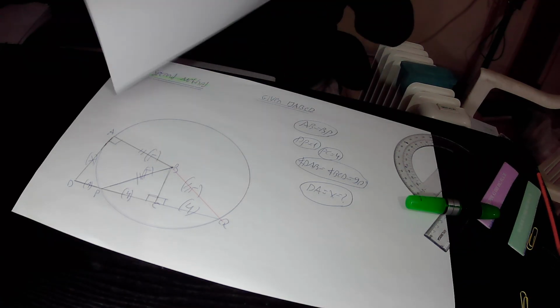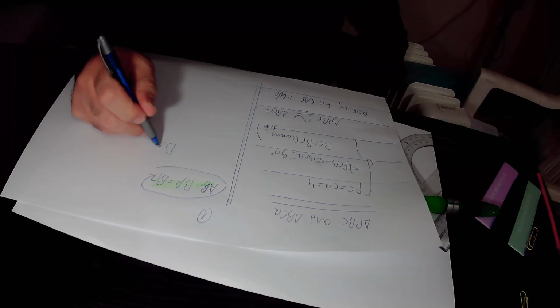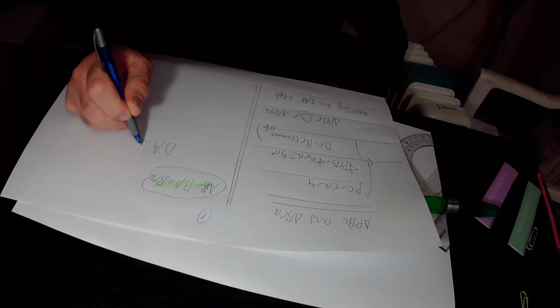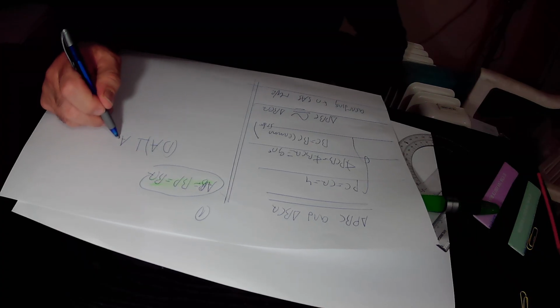According to what is given in the question, DA is perpendicular to AB.